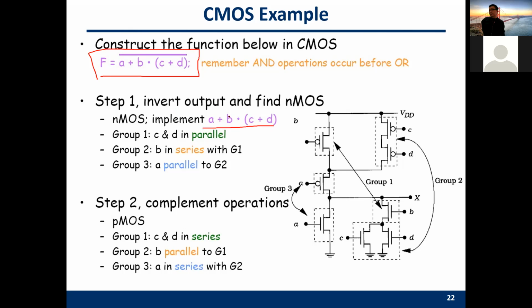And this equation will be implemented by the NMOS. Because we have a C or D here, the C or D will be converted to C and D in parallel. So they are in parallel. B in series. B is a G1, so B is here. A parallel to G2, so A is here.